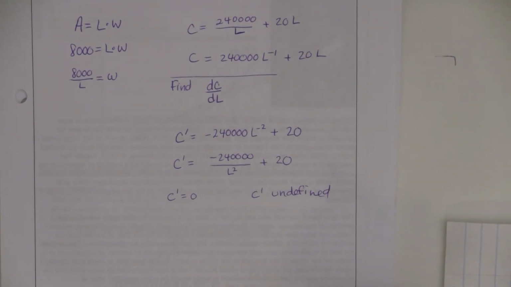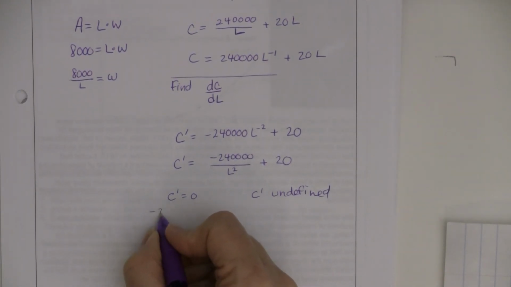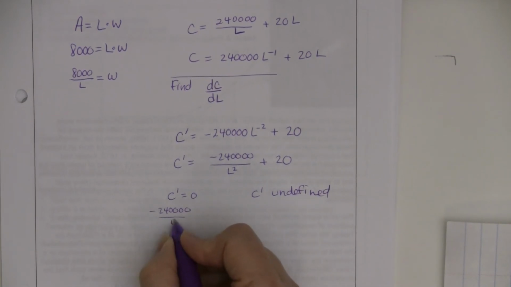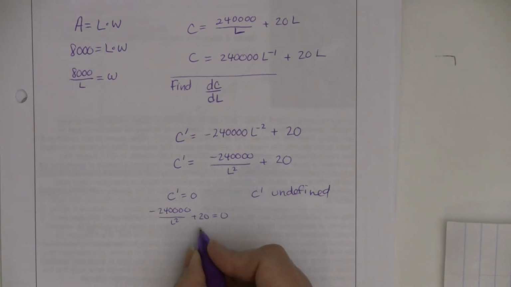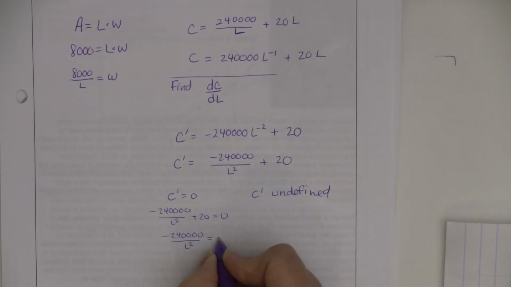Okay, so now you can set that equal to 0 and solve it. So this is negative 240,000 over L squared plus 20 equals 0. So you can put the 20 over there, and multiply by L squared.